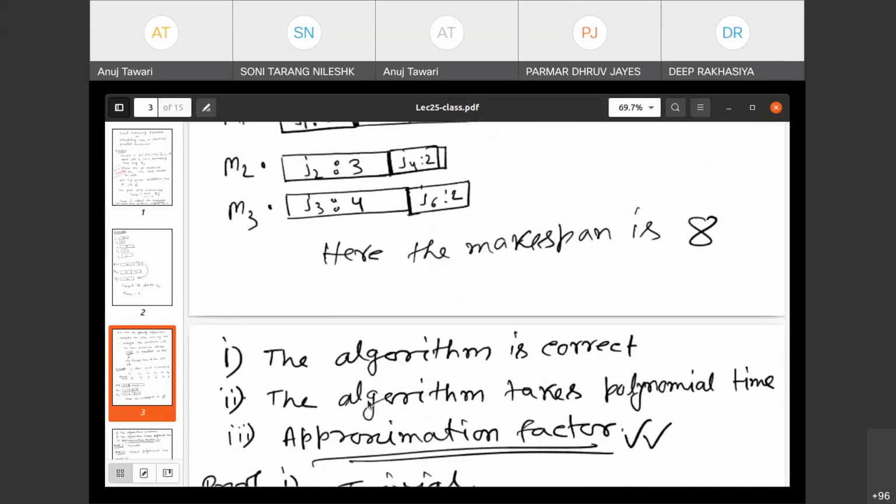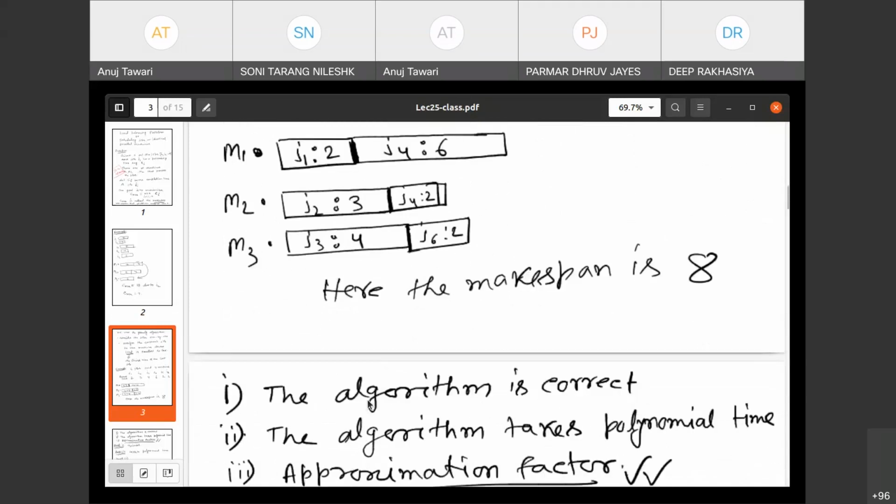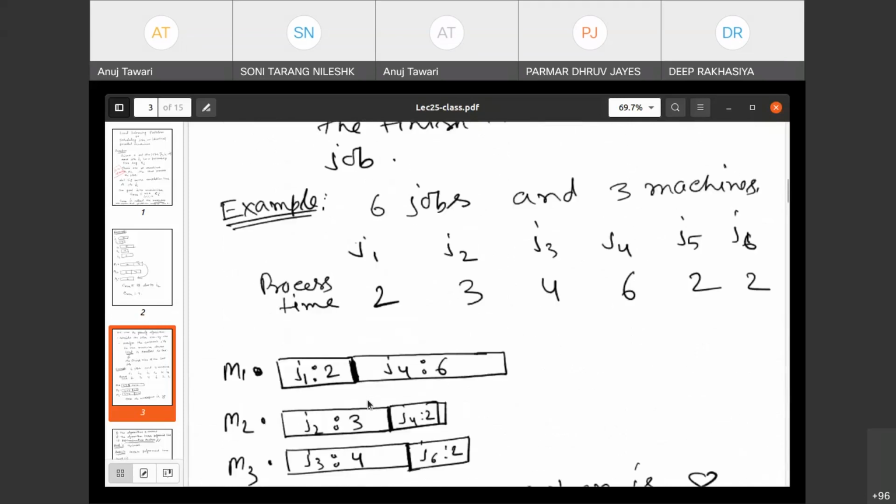So the algorithm is correct because it is assigning jobs to all the machines, and the algorithm also takes polynomial time. That is also true, right? Because every time a new job comes, we just compare the loads of these machines and assign to that machine which has the smallest load. Right?